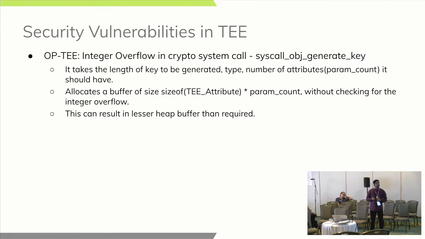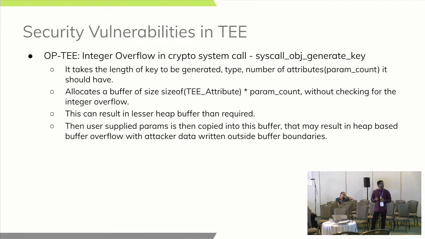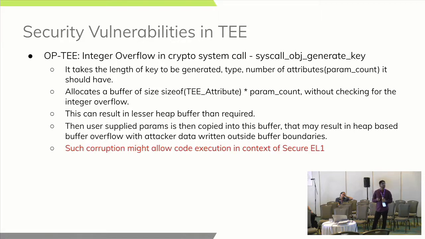In case an integer overflow occurs, it will result in a smaller heap buffer than required. And then the user-supplied params will be copied to that buffer, and may result in a heap-based buffer overflow with the attacker's data written outside the buffer boundaries. So this vulnerability, if exploited, can result in arbitrary code execution in the context of secure EL1.